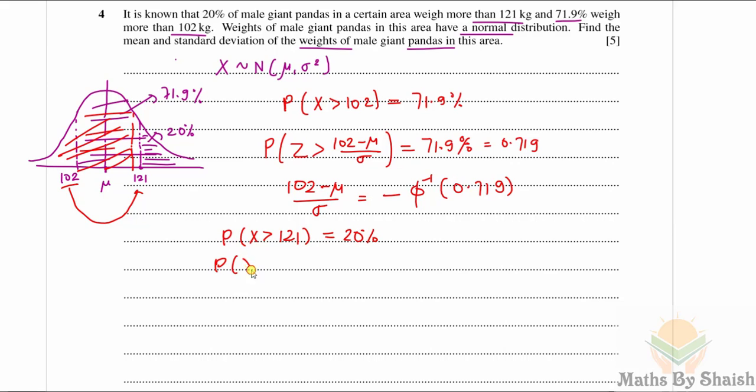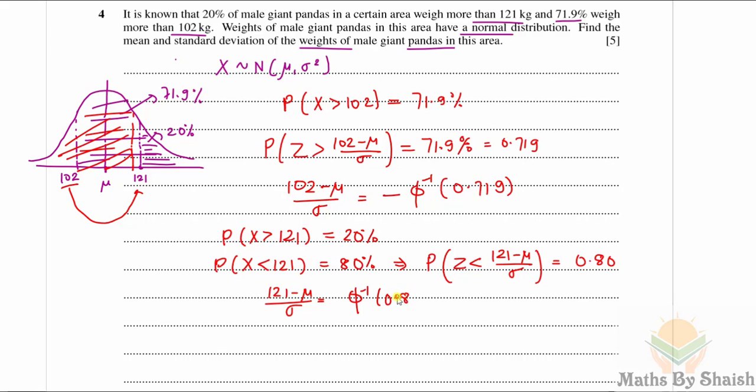And similarly for this condition, probability of x greater than 121 is 20%. So probability of x less than 121 would be 80%, and from here we can convert it into the standardized form. It is z less than 121 minus mu over sigma is equal to 0.80, or from here 121 minus mu over sigma is going to be positive phi inverse of 0.80, because once we have converted this towards the left hand side, it is going to be a positive value.